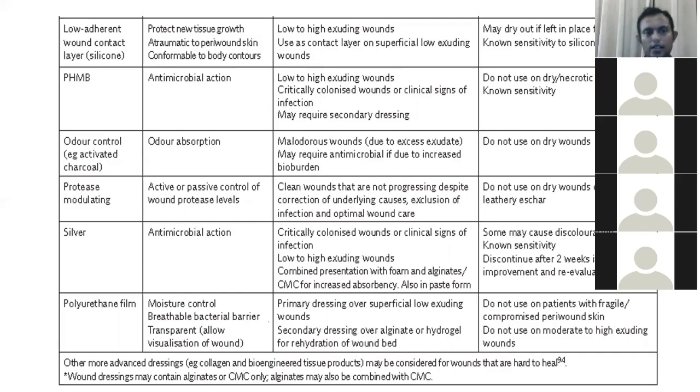And there is silver. So silver, we still haven't seen resistance to silver. What silver dressings do is they release about 8 ppm nano silver into the wound bed. The microbes take the silver in, through the same mechanism by which they take in iron.